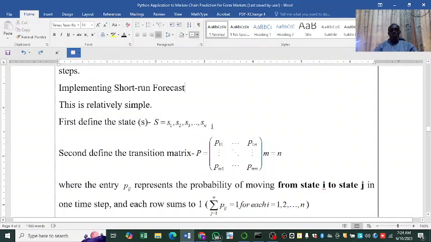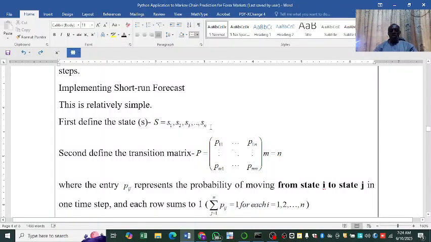So we can have low band, high band, or stable band of prices. Then in our economy, we can have recession, we can have stability, and all of these form the states that we can experience in an economy.